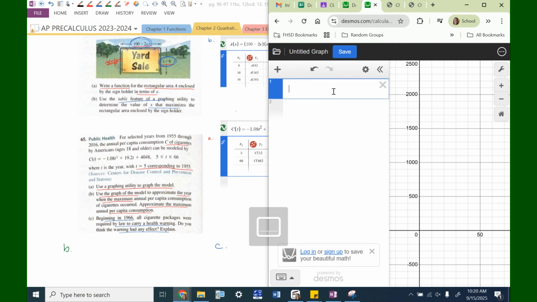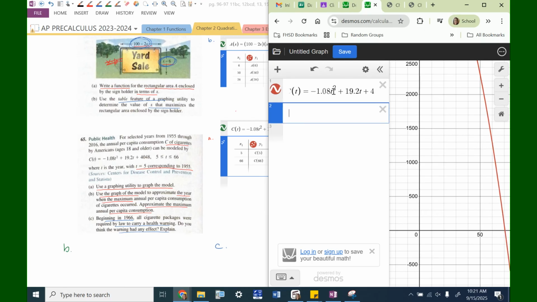So start this fresh here. C of t equals negative 1.08 t squared plus 19.2 t plus 4,048.